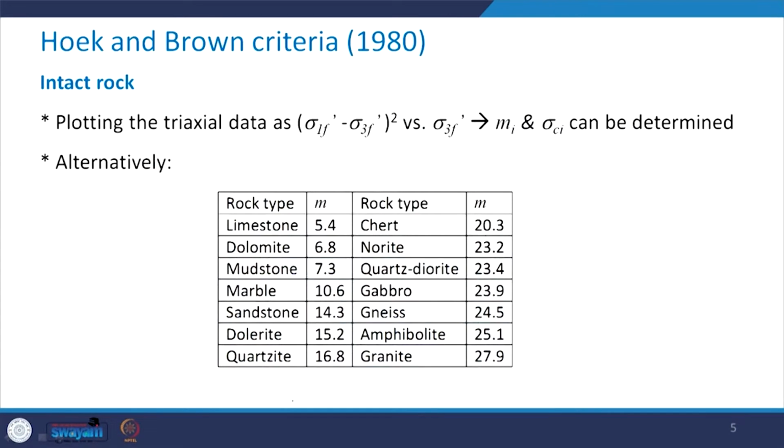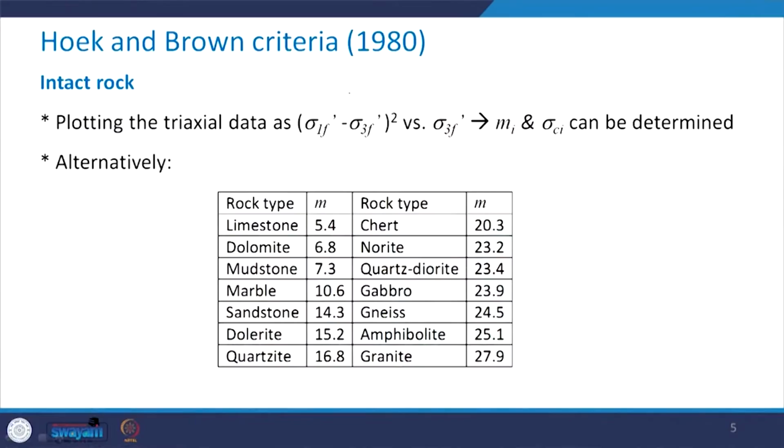Now, we have seen how the equation for the intact rock looks. If we plot the triaxial data as (sigma 1f minus sigma 3f) whole square versus sigma 3f, we can plot a straight line between these two, and from there we can obtain Mi and sigma Ci.